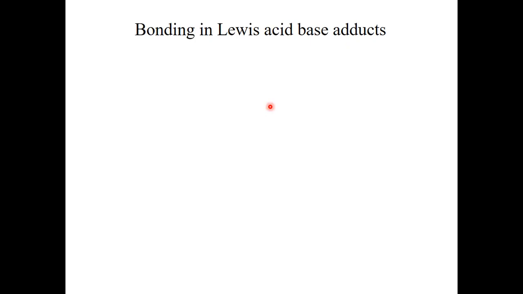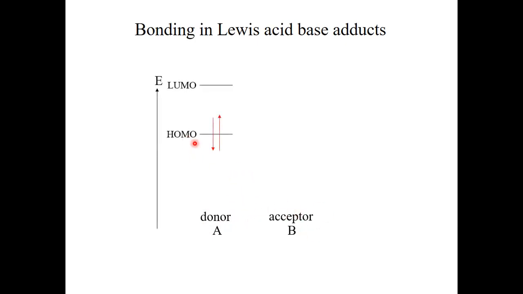In the first case, let us assume we have a donor A and an acceptor B. The donor A has a HOMO and a LUMO, and of course the acceptor has a HOMO and a LUMO as well. Let us further assume that the HOMO of the donor and the LUMO of the acceptor have exactly the same energy.